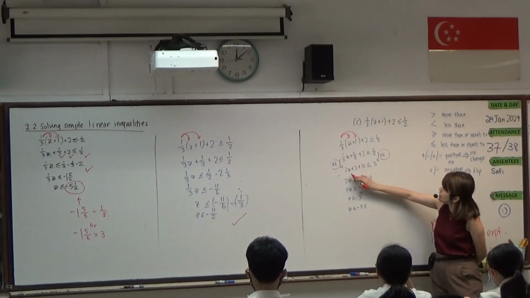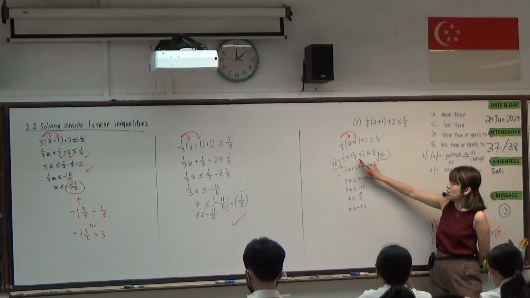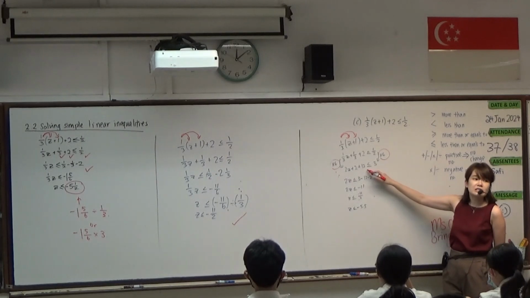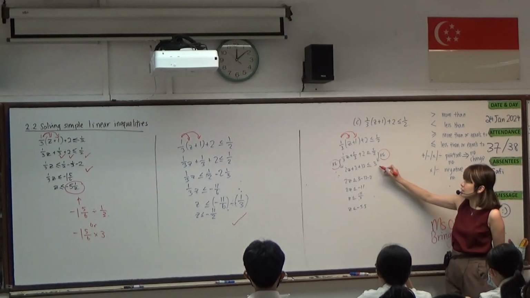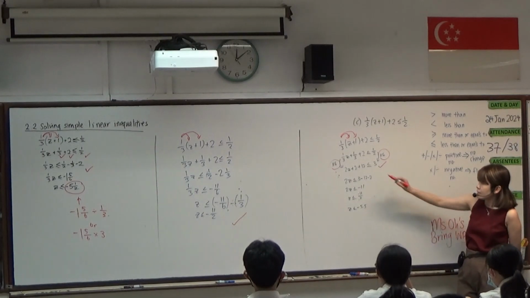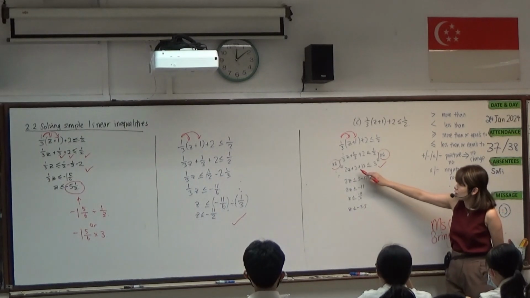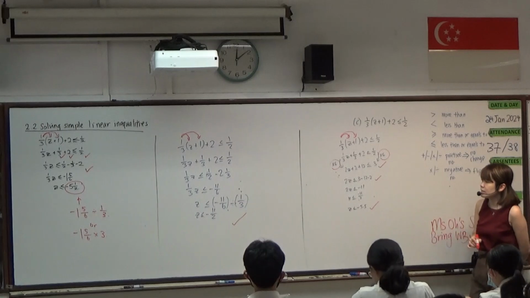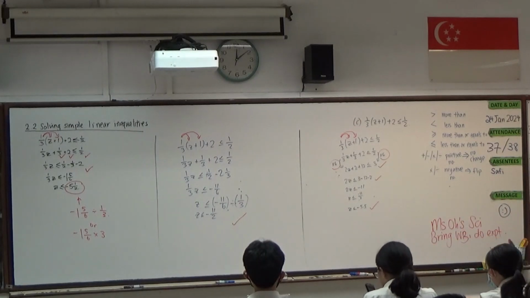So 1/3 times 6 will get 2, 1/3 times 6 I'll get 2 here, 2 times 6 I'll get 12. Just got to make sure that we multiply properly, and then this step is right. Then we shifted the 2 and 12 to the other side, and then we get z less than or equals to negative 5.5. Any questions that you want to ask for this set of things?